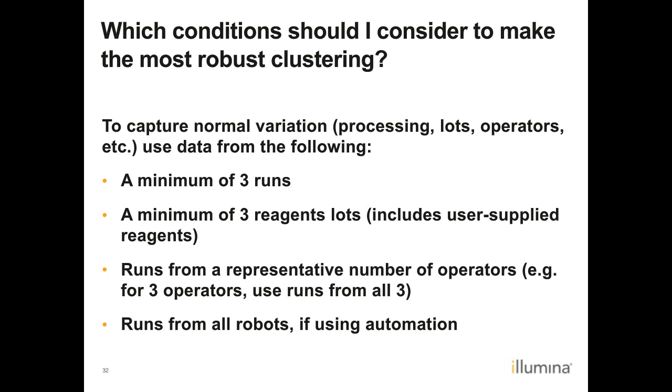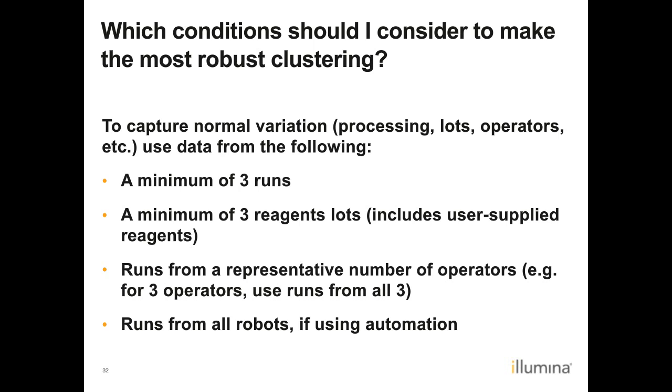You want to use runs from a representative number of operators. For example, if you have 3 operators in your laboratory, you want to use runs from all 3 of those operators. Differences in technique may account for slight shifts in the clustering. If you have multiple robots that are running the automated portions of the process, you want to use runs from all of your robots. All right?